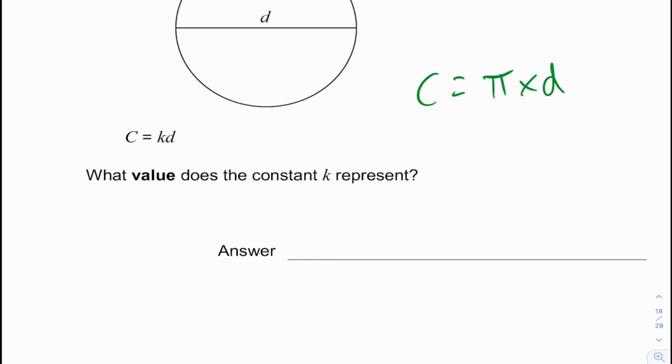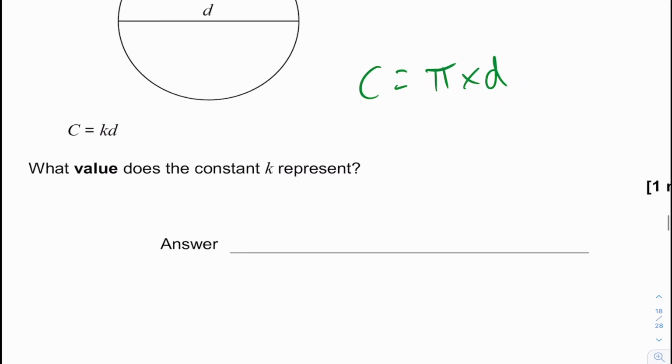So we can say that the constant K represents pi, and then I'd put in brackets something like 3.14 and then dot dot dot, just so that the examiner knows exactly what you understand pi to be.